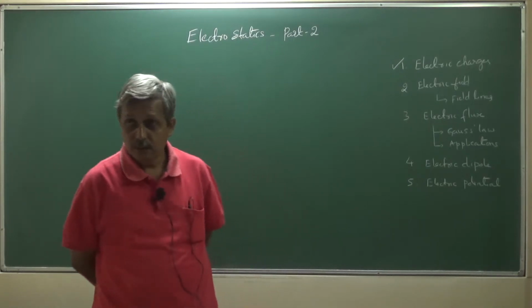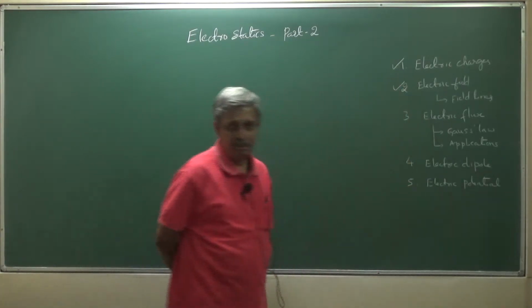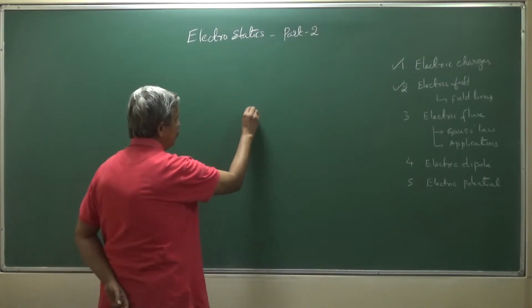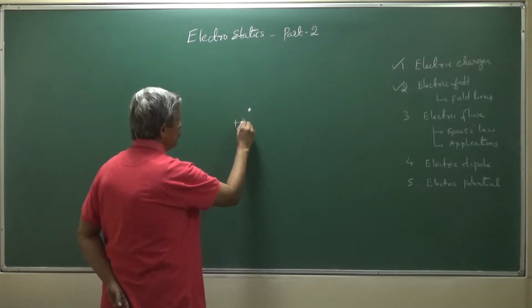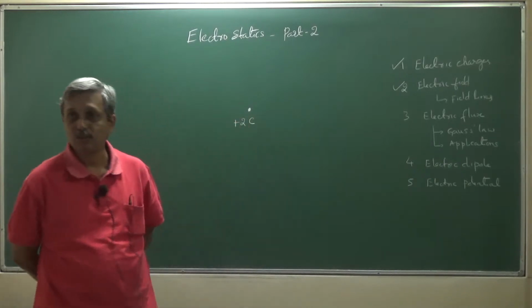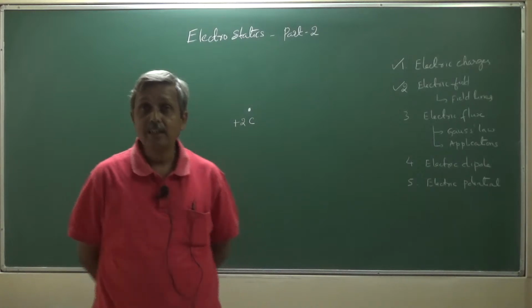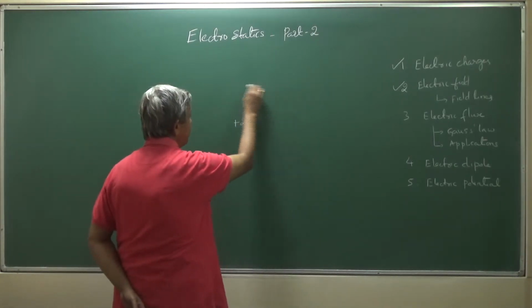We also understood electric field. When we keep a charge, let us say one small charge, plus 2 coulombs, around it there is an electric field.